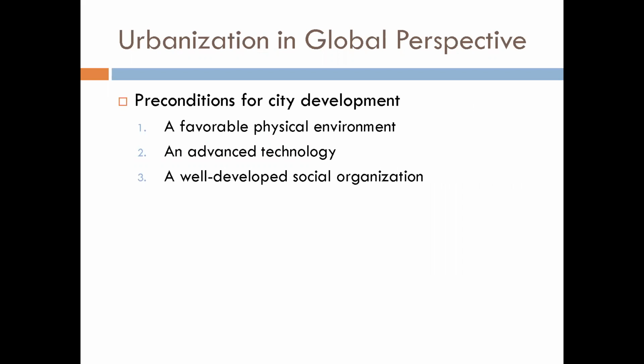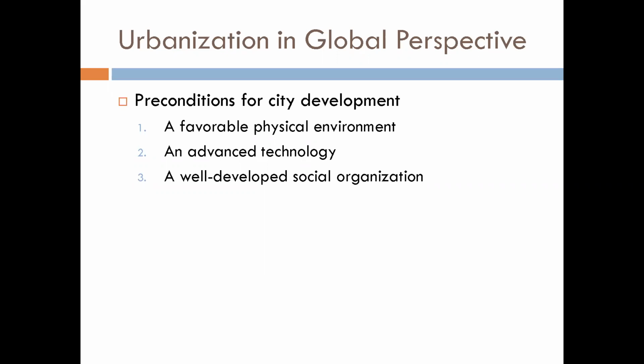Urbanization in global perspective. We finished the discussion about population. We are going to urbanization. Preconditions for city development. What are the major prerequisites to have good cities and effective citizenship in a specific area? A favorable physical environment.